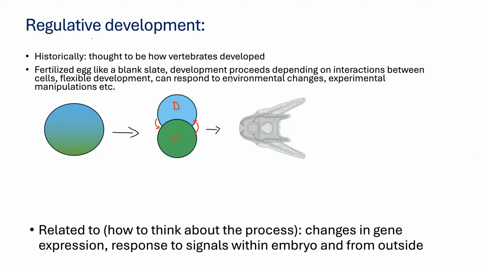It can respond, of course, to the signals and information received from other parts of the same embryo, but also to experimental manipulations. And as you can imagine, that is what gave people the idea that regulation was possible.